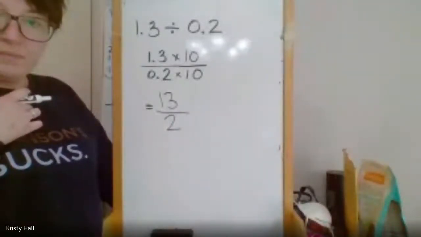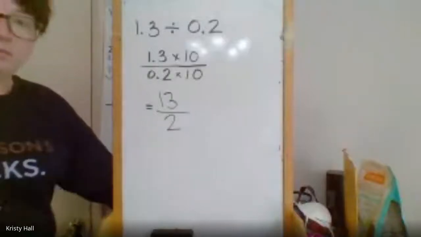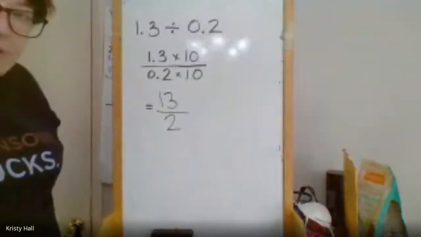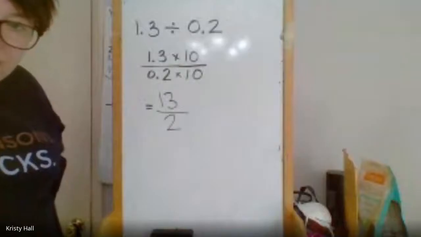Okay. Mrs. Zavitsky, do you want to talk about what we do with this kind of fraction? All right, so with this fraction, because it's an improper fraction, so it's top heavy, we're going to have to change it into a mixed number. So you're going to take your 13, remember your fraction line is a division sign. So you're going to take 13 divided by 2.